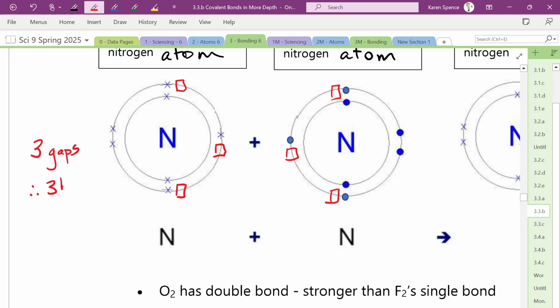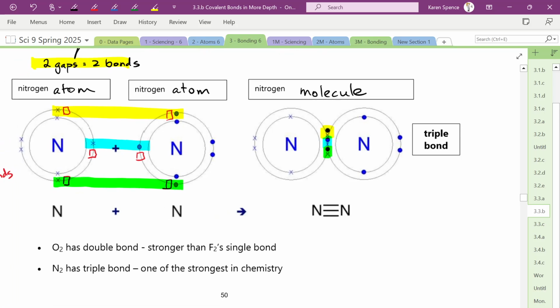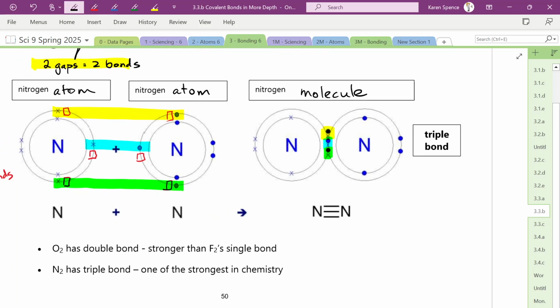Therefore, there's going to be 3 bonds. We're going to have 1 bond where these 2 guys get shared, 1 bond where these 2 guys get shared, and then 1 bond where these 2 guys get shared. And so we have 1, 2, 3, 4, 5, 6 shared electrons. And 6 electrons is a triple bond.